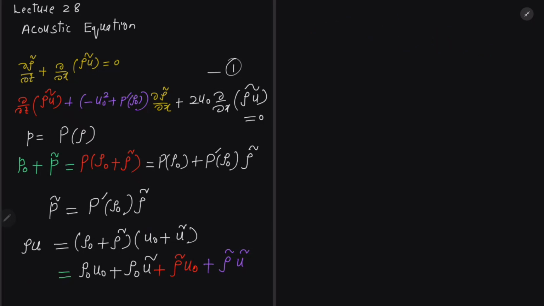So it means that rho naught u tilde will be less than rho tilde u tilde, and similarly this quantity will be less than rho tilde u tilde. So we write rho naught u tilde will be far less than rho tilde u tilde.